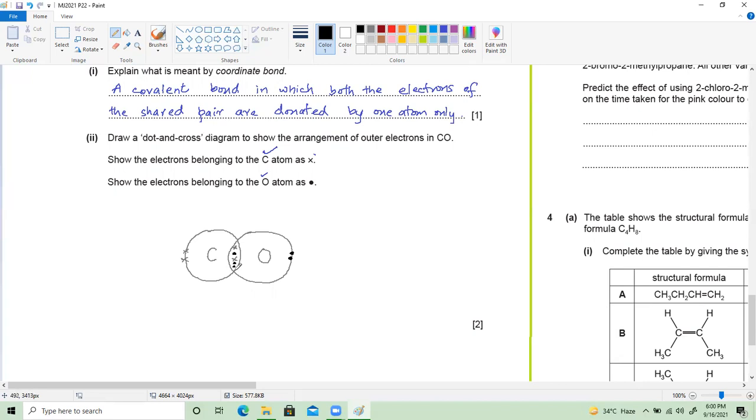One lone pair of electrons is also shared by the oxygen atom with the carbon to complete its octet. So overall, we can draw the shape like this: a carbon atom making a double covalent bond with the oxygen atom, and then oxygen sharing one of its lone pairs with the carbon atom. Thus, the octet of both the atoms gets completed. Is it understood?